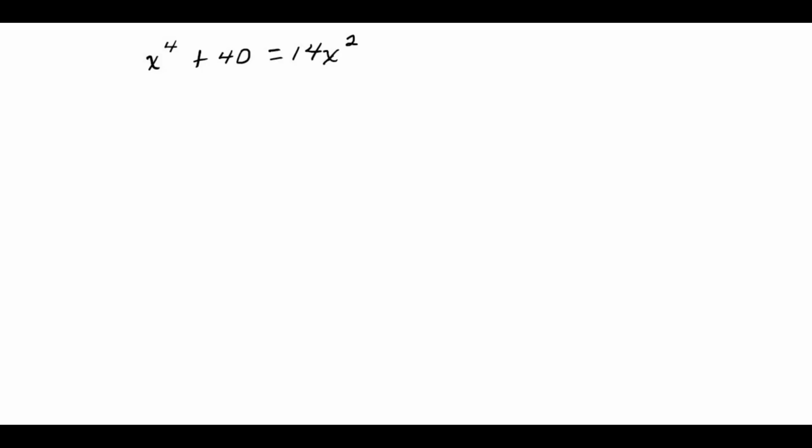And with this problem, I am going to also use substitution. I'm going to let x squared equal u. And that means that if I square both sides, I get x to the 4th equals u squared. And when I substitute, I get u squared plus 40 equals 14u.